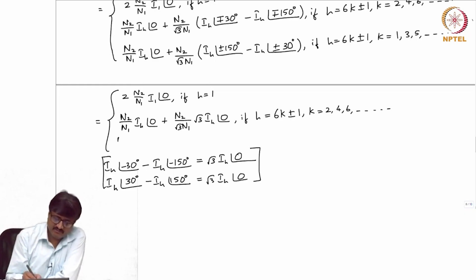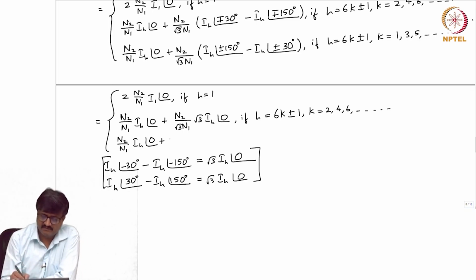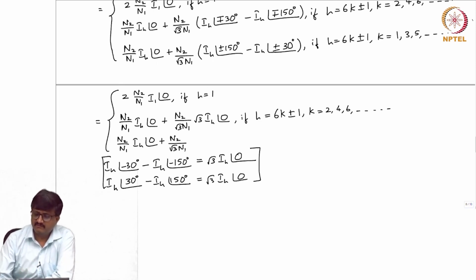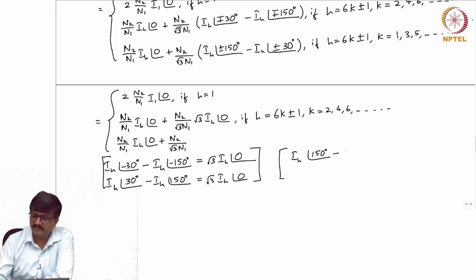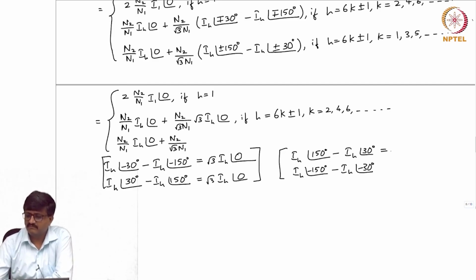Now, let us go to the other case. K is an odd integer. N2 by N1 IH at an angle 0 plus N2 by root 3 N1. Now, again I have two cases: IH at an angle 150 degrees minus IH at an angle 30 degrees, and the other case is IH at an angle minus 150 degrees minus IH at an angle minus 30 degrees. So, what is the first one? We can say it directly.